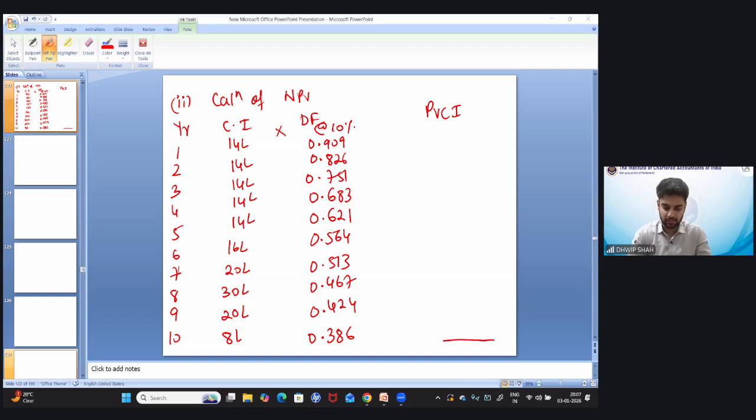Navneet is getting something else. Let's see what majority of the students are getting. 97, 92. Diya, same as Shamli.